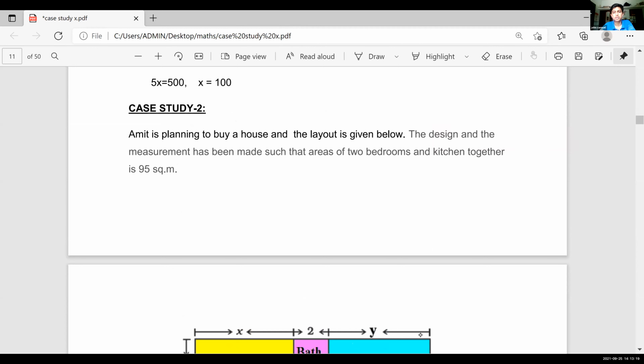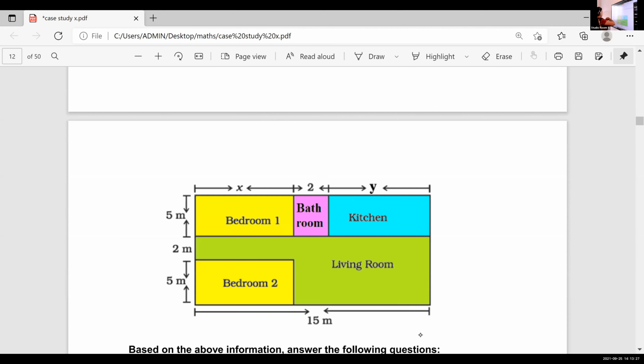Area of bedroom is equal to x. Is it like that? Look here. In the figure, it is given x. What is x? Is it the same as the length of the bedroom?